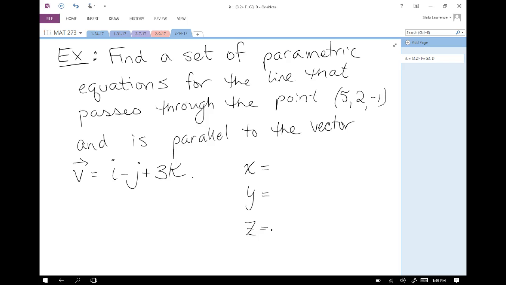All right, to write parametric equations, each variable needs a spot to start from, and then it needs to be told how to move from that spot, how many units to move at a time. And since it's a straight line, it's got to be consistent in how many units it moves every time. If it moves a different number of units every time, it's not going to be a straight line.